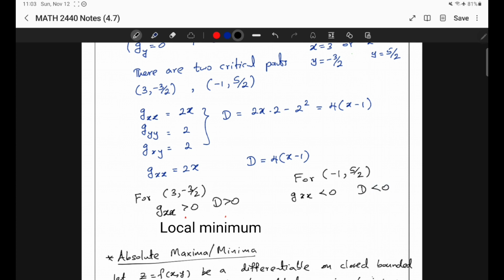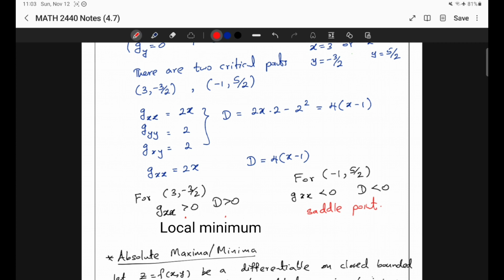So if the discriminant is negative, we get a saddle point. Right, so this is the drill. You find critical points, then you find the discriminant and compare it with the 4 different cases that we had for the second derivative test.